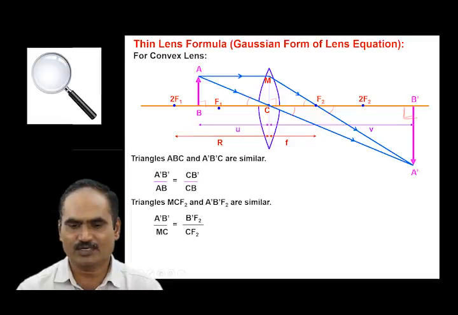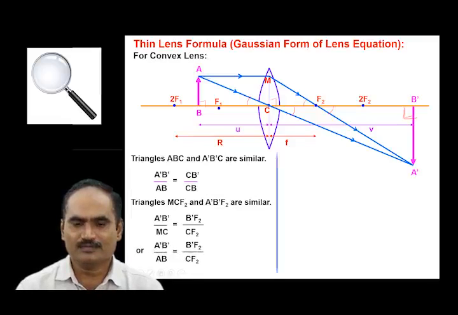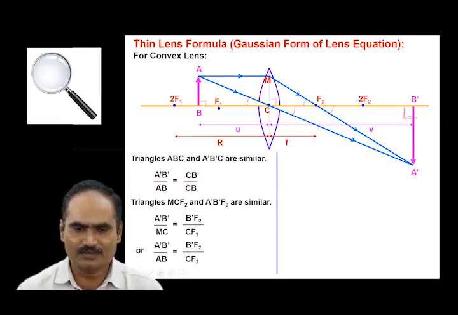This is corresponding sides. Then one more small change we do is that in place of MC, I write AB here. Now let me call this equation 1, and let me call this equation 2.